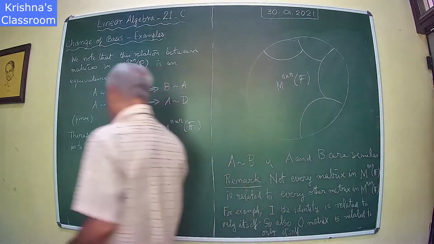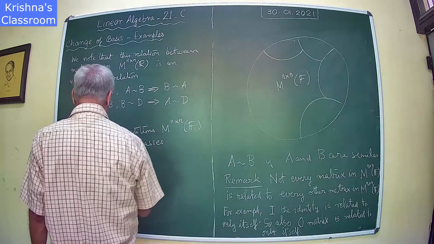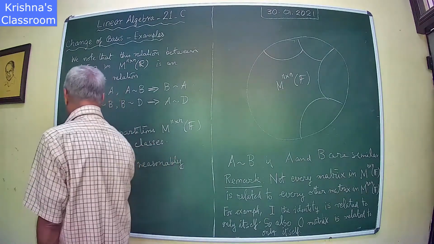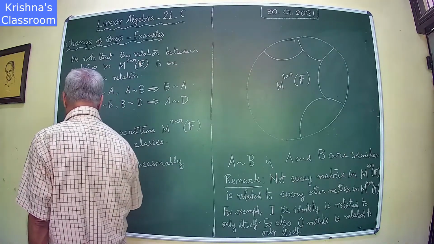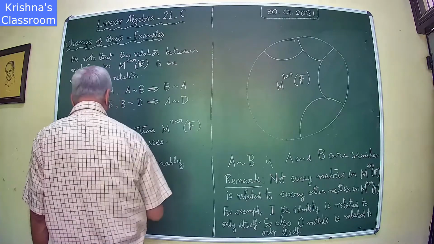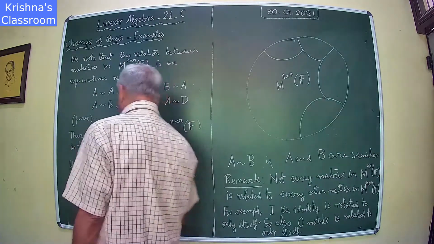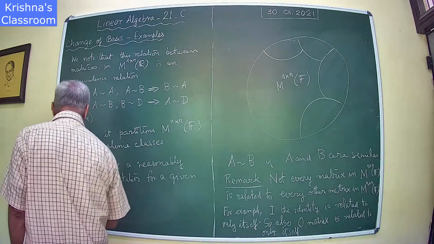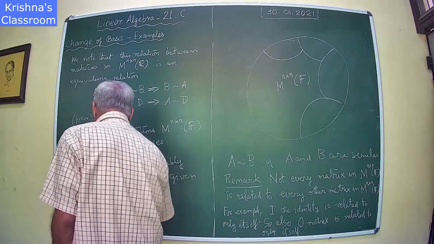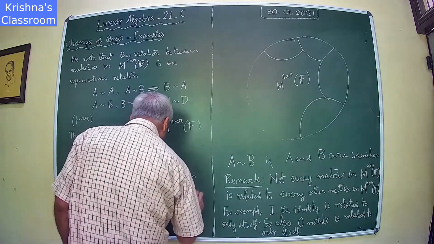So how to choose a simple representation for a given T belonging to L(V) from among all available representations.